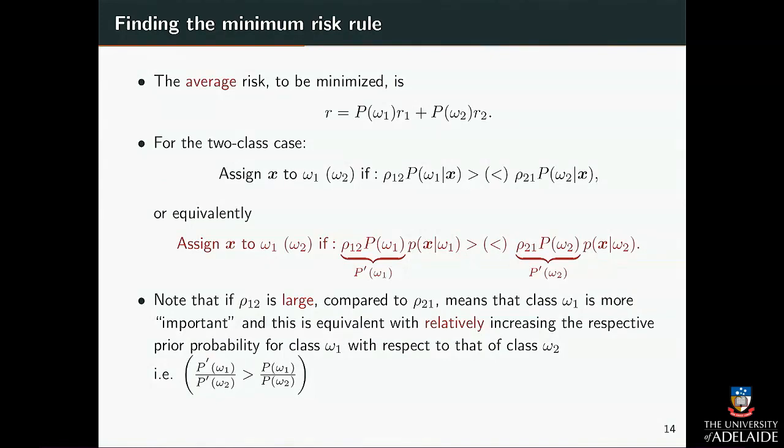And so the general rule of minimizing a certain choice of Bayesian risk is similar to the MAP detector, except that now each posterior is weighted by the corresponding error here.